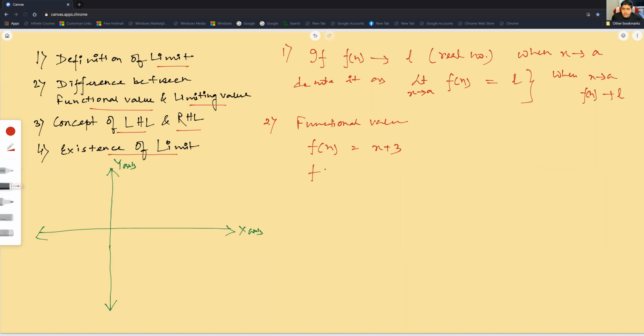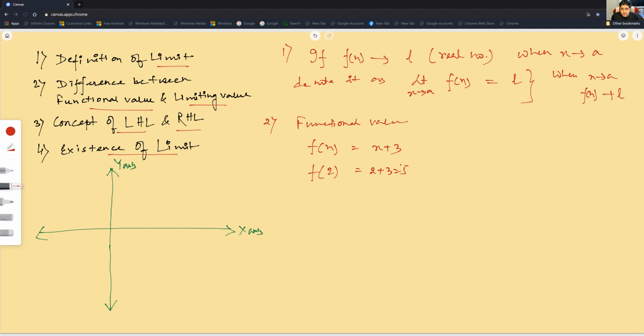If I take any value of x, that is 2, then you will get the value of f of x at that point. x equals 2, that is 2 plus 3, that is 5. That is the functional value.